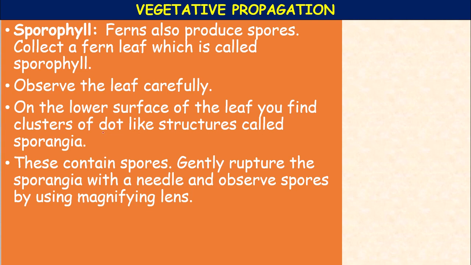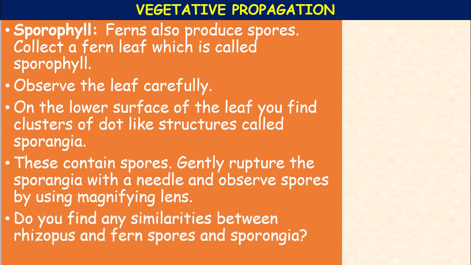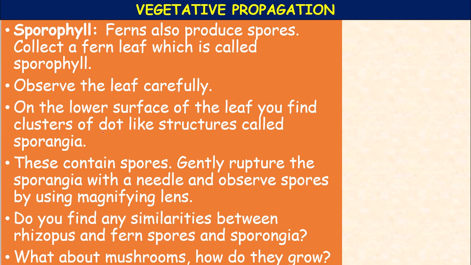Magnifying lens, okay, and similarly the spore is unicellular. Okay, what about the mushrooms? How do they grow? Mushrooms also grow from spores. When they reach a suitable substratum, first they produce the mycelia, then hyphae, and the body develops.